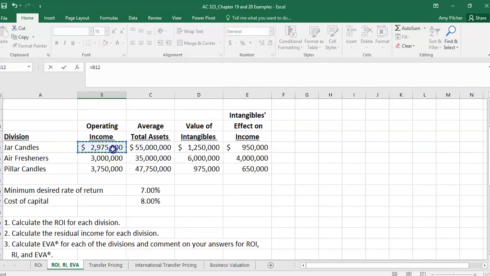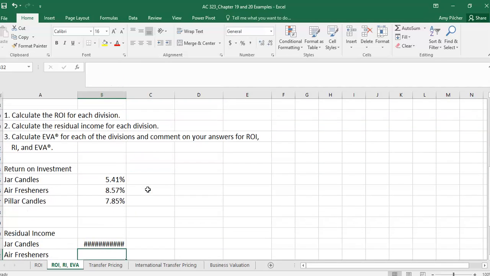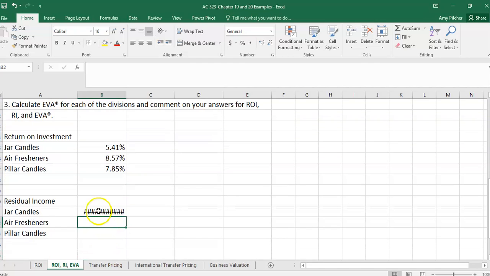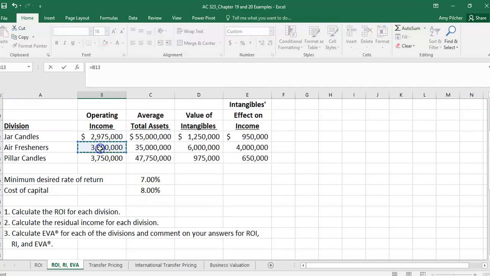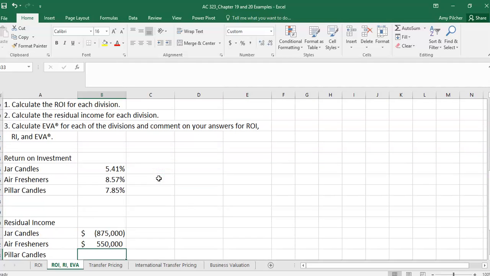So we take our operating income minus average assets times the minimum desired rate of return.